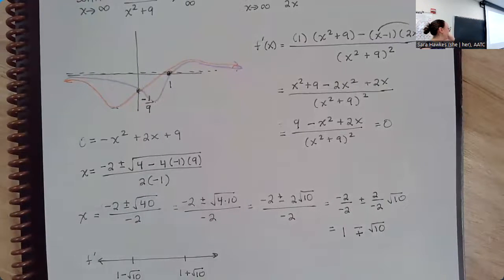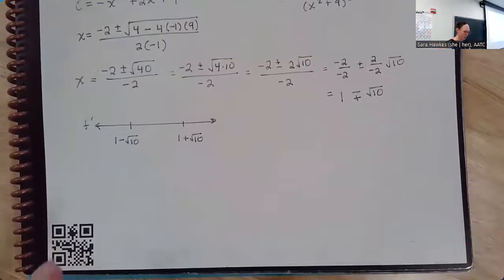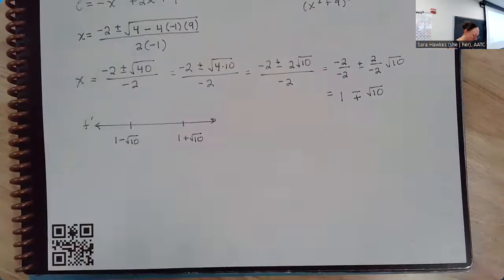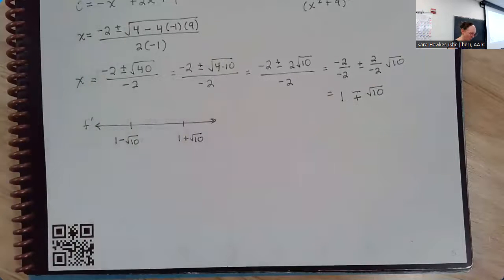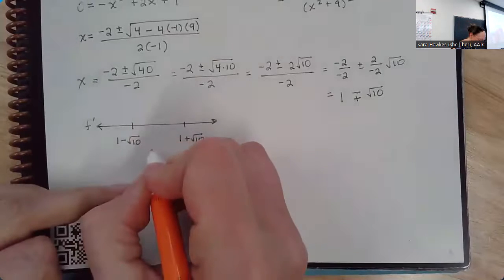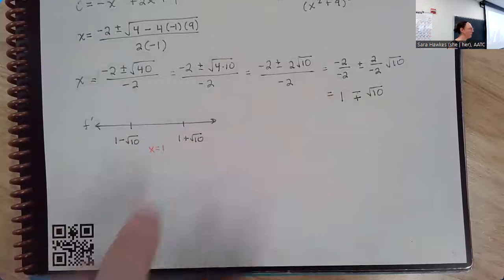Just as a tip, anytime you're pulling things from the quadratic formula for your number line, the thing in front of the plus or minus is always in between the two. So I know that x equals 1 is a test point in between these two.